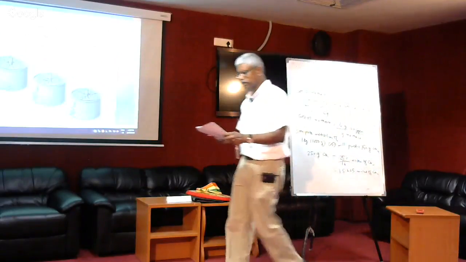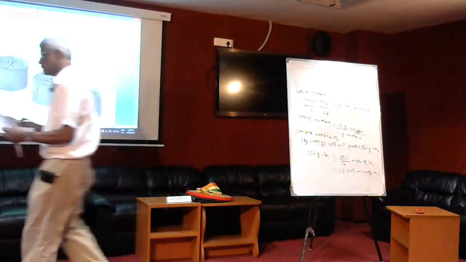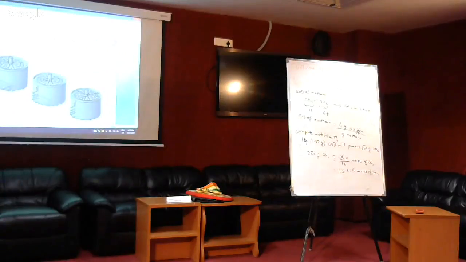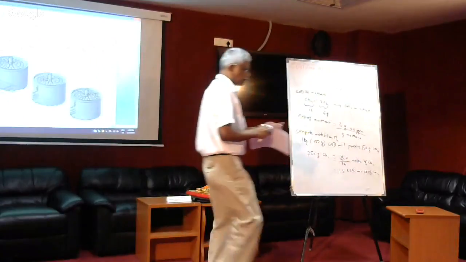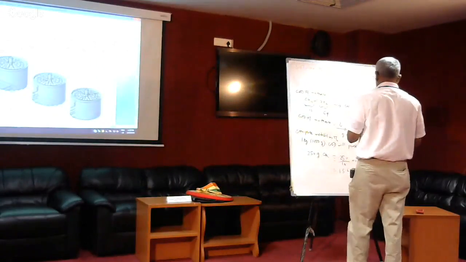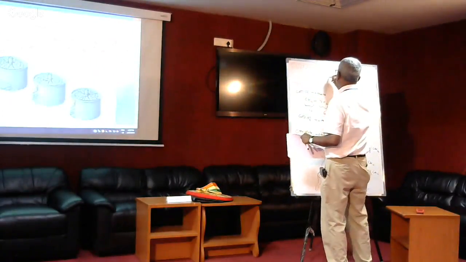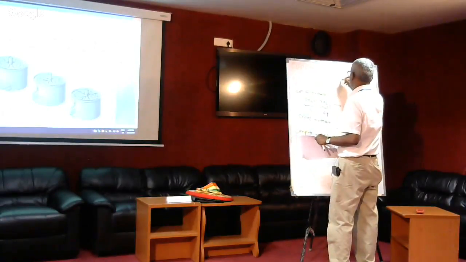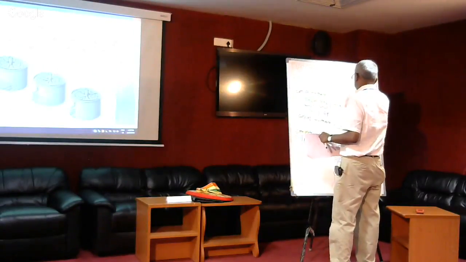Ideal gas. We consider, of course, everything to be ideal here. So 1 mole of an ideal gas, how much volume does it occupy at STP? 22.4 liters. That is something we have seen in chemistry. 22.414. Okay.